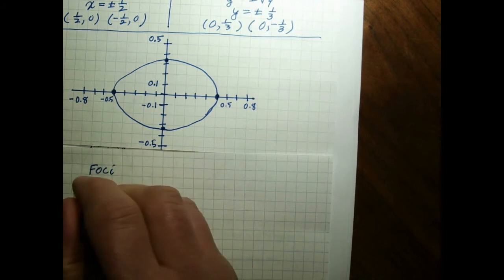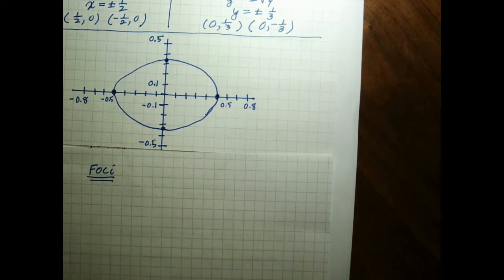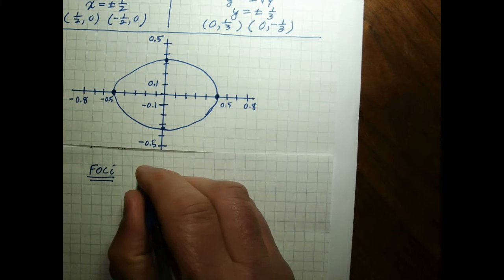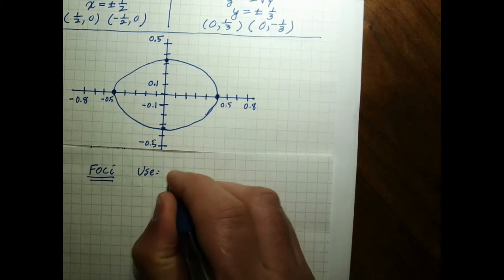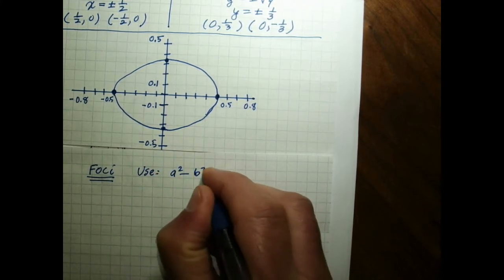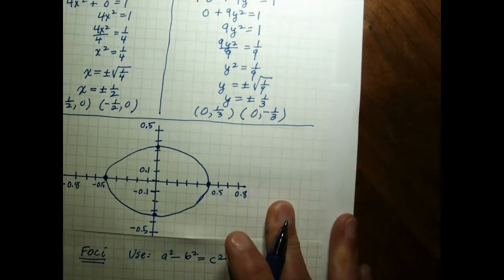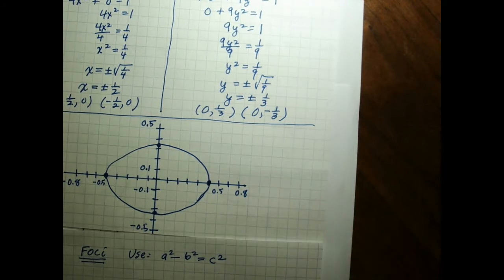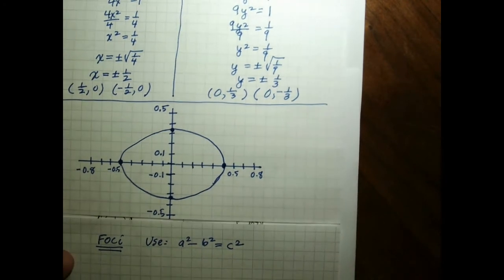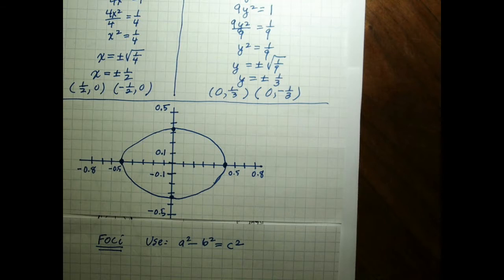So finding the foci, we have to use our a squared minus b squared equals c squared formula. And to do that, I have to figure out which one of these numbers is the a and which one is the b.